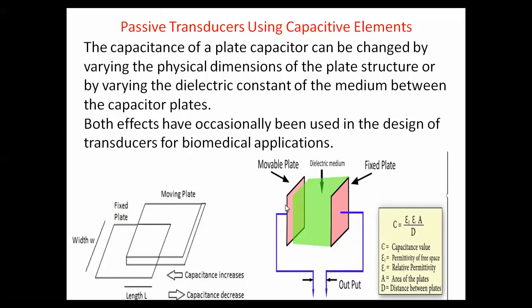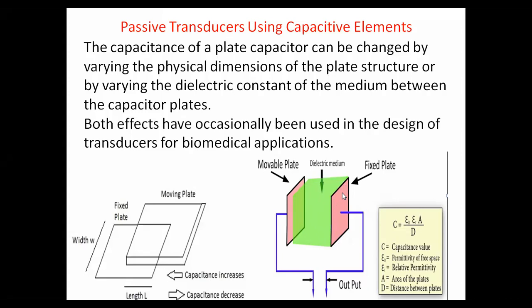So it is used for the storage of charge. In the figure below, on the right side we have a movable plate and a fixed plate, and in between we have a dielectric medium. These capacitor transducers are used for measurement of displacement.